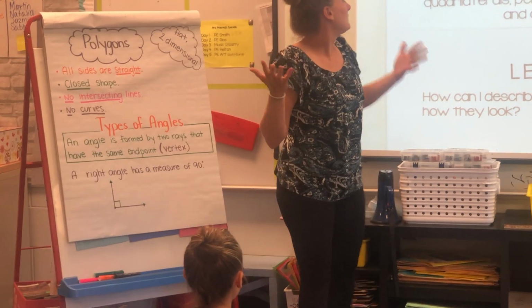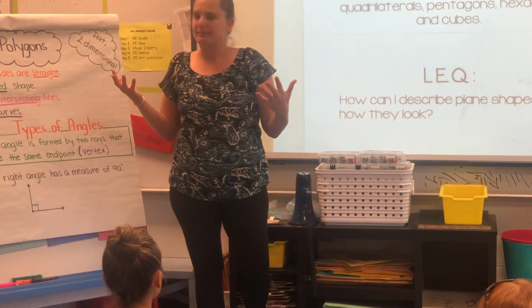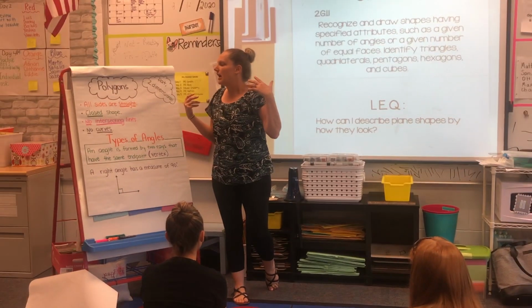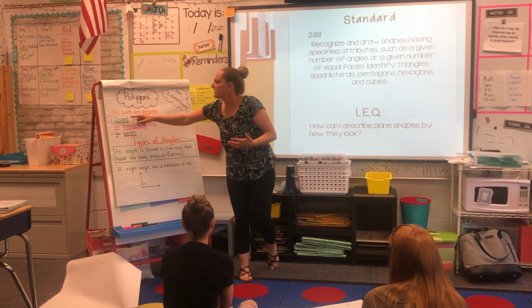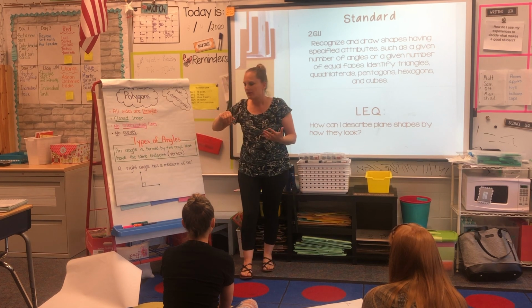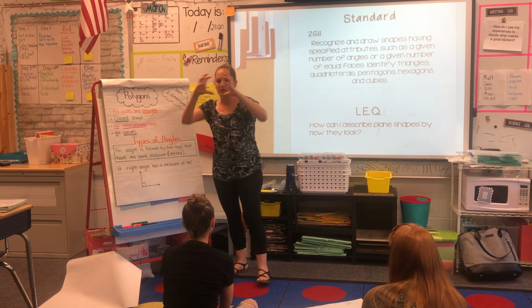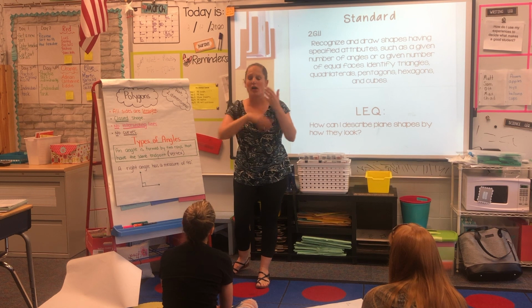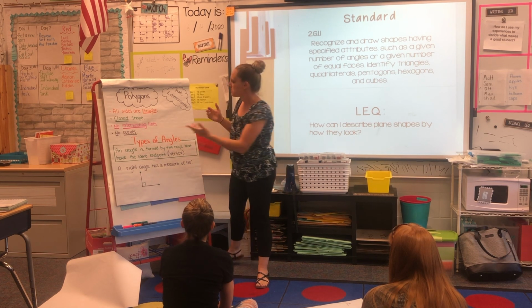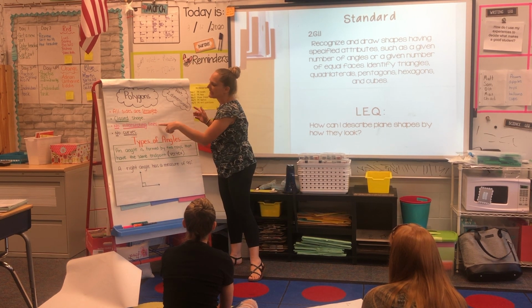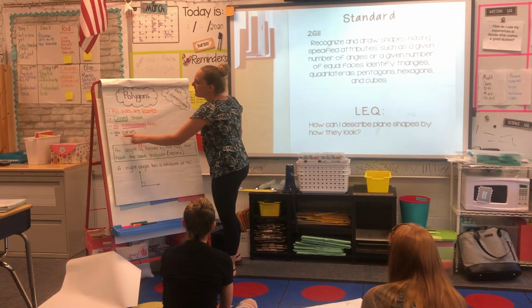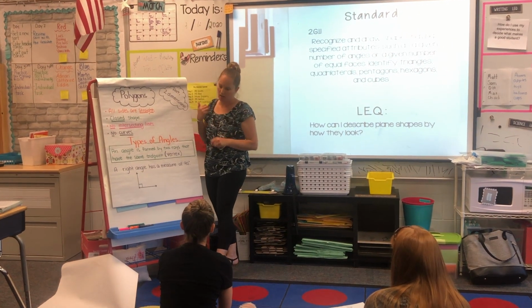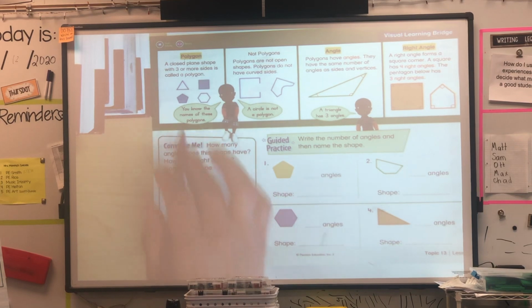What's a polygon? Okay. A polygon is a shape, and all its sides are straight. It's closed, so that means it's not open. There's no curving. There are no intersecting lines, and there are no curves in a polygon.